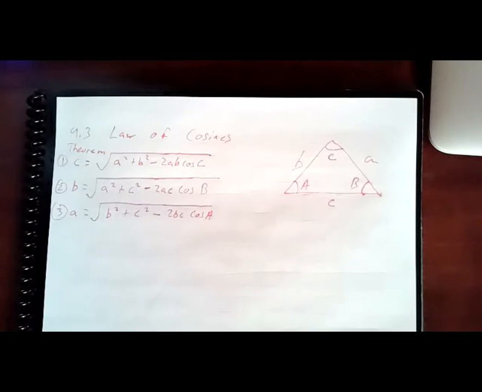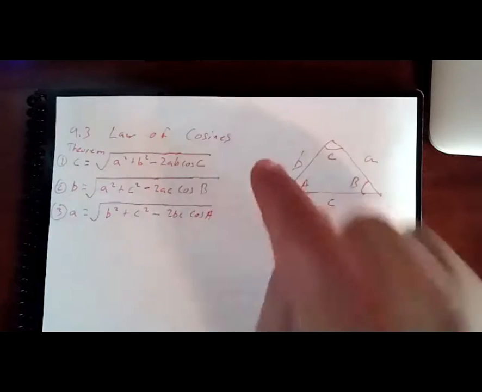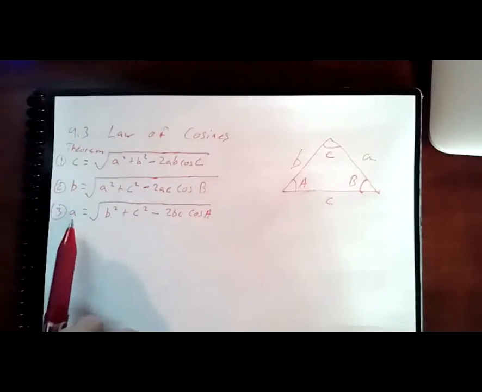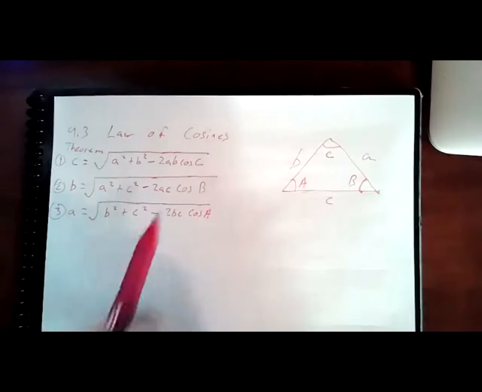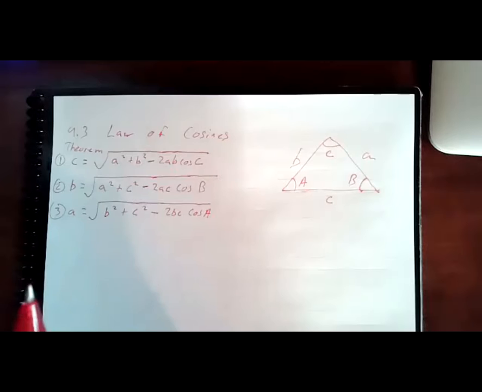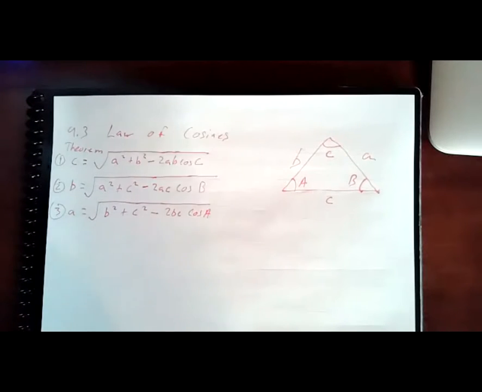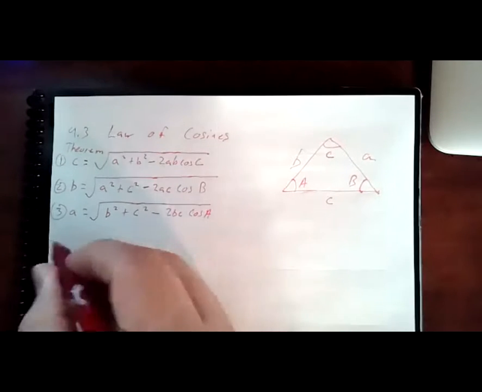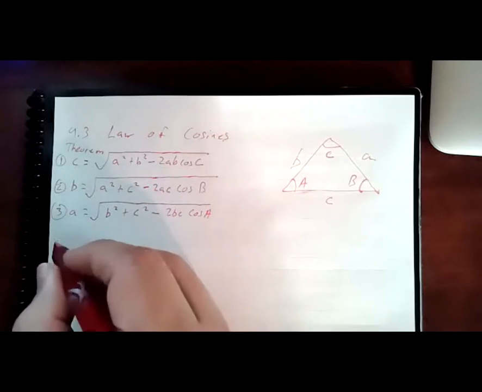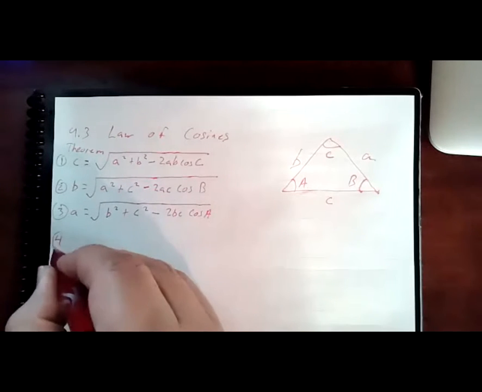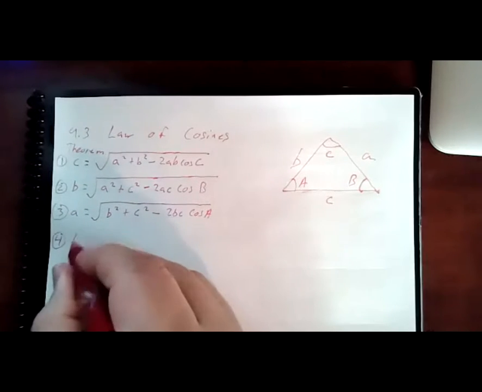The reason I was double checking is because I made these from the ones in the book. So now if they ask for A, B, or C, all you've got to do is plug stuff in. You don't have to do anything extra because I already solved for them. Okay, same thing. This wasn't much work, but these next ones are a little bit more work. So I hope you appreciate it.